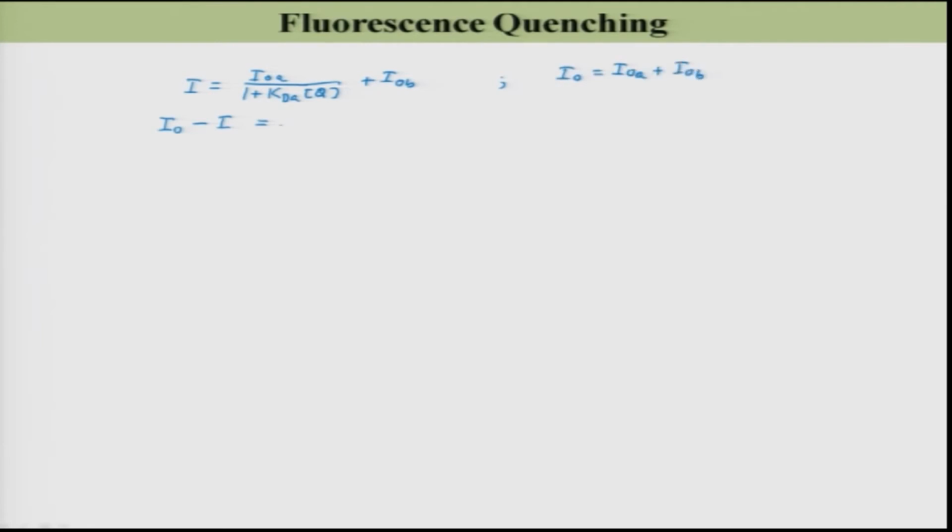So, I 0 minus I can be written as I 0 A plus I 0 B minus I 0 A divided by 1 plus K d A into Q, minus I 0 B. I do not have any K d B because the fluorophore present in that B site, the buried site, is not accessible to the quencher.